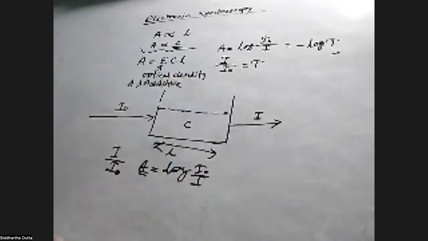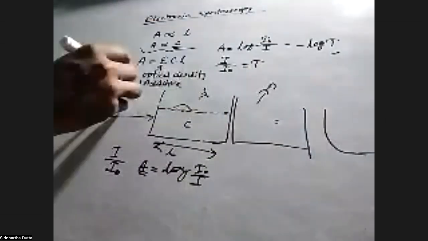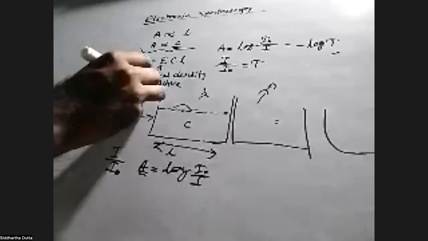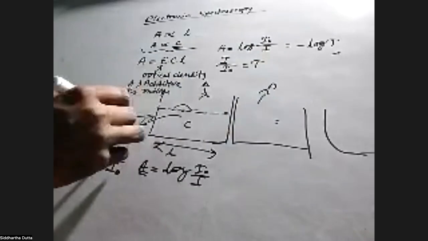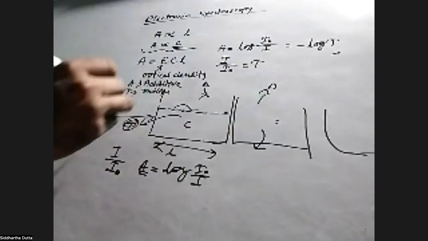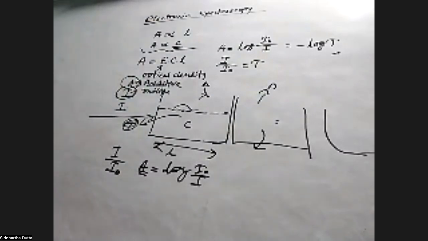So if a series of solutions is placed like this, by adding each absorbance, or by multiplying each transmittance value, we can get the total absorbance or total transmittance of the solution.